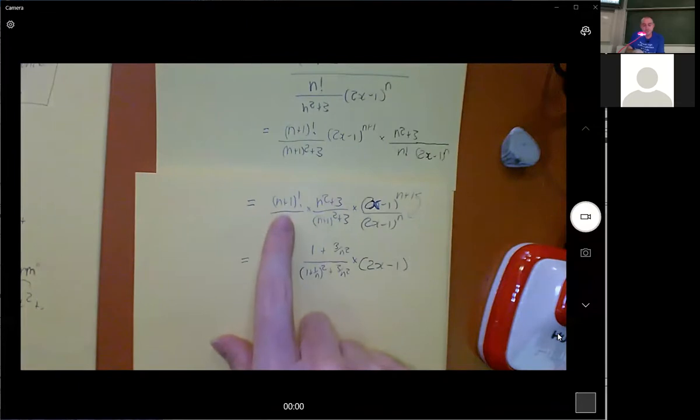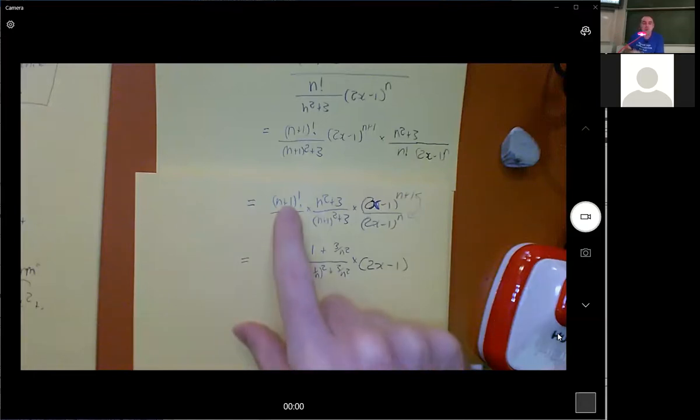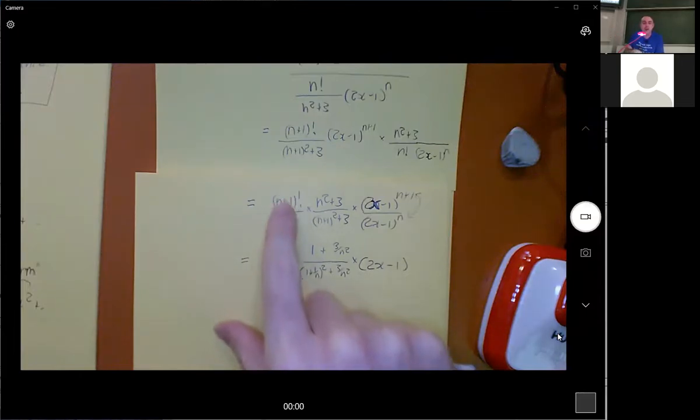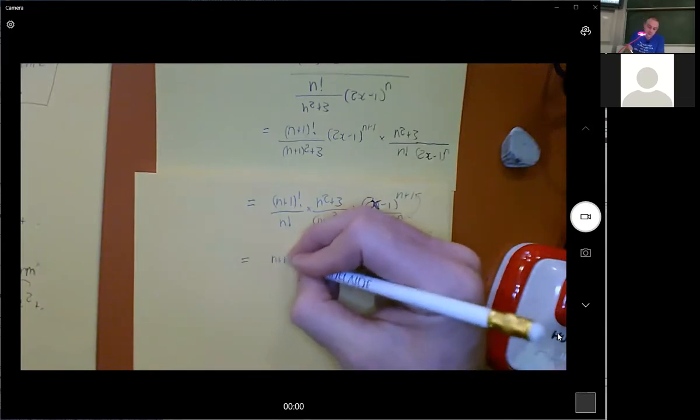And this one, well, n factorial is what you get when you multiply 1 times 2 times 3 times all the way up to n. And n plus 1 factorial is what you get when you multiply 1 times 2 times 3 times up to n plus 1. And so this includes everything that does as factors. And so this is n plus 1.